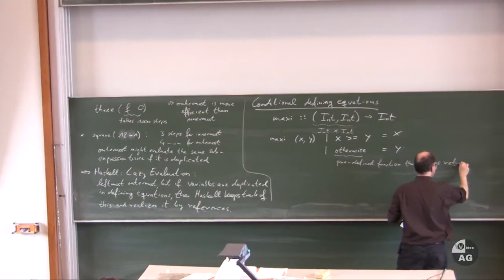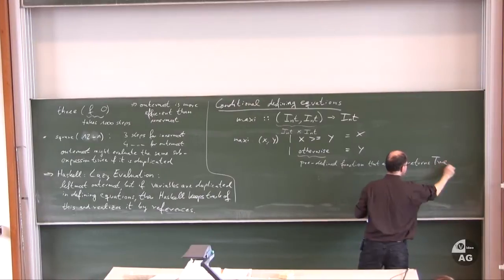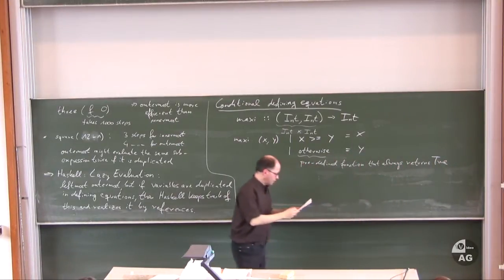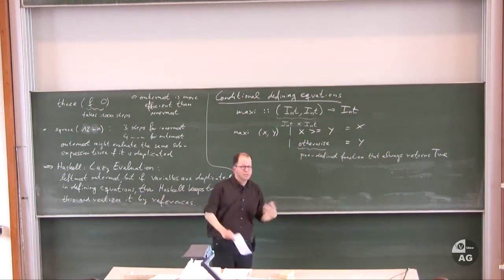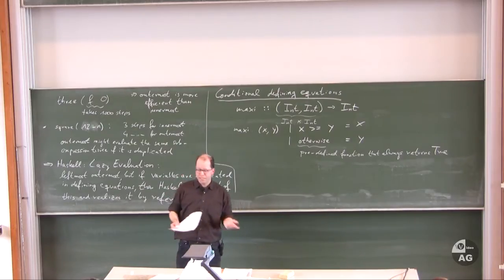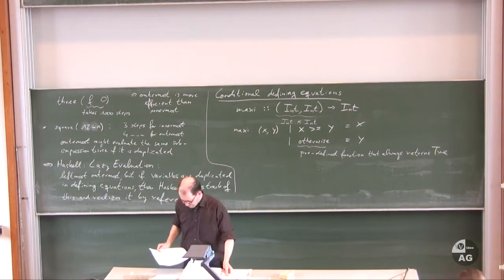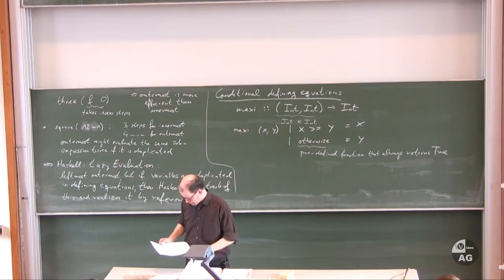Instead of otherwise, you could also write true. That would do exactly the same thing, but this looks nicer because this is the way you would write it as a human as well, if you define a function by case analysis.